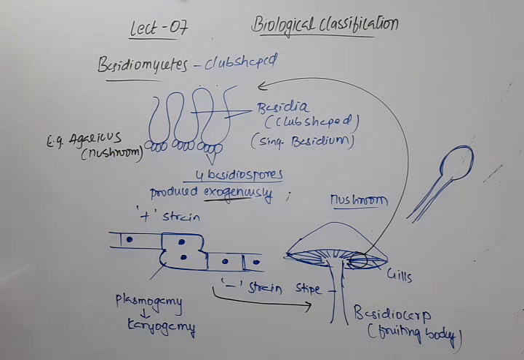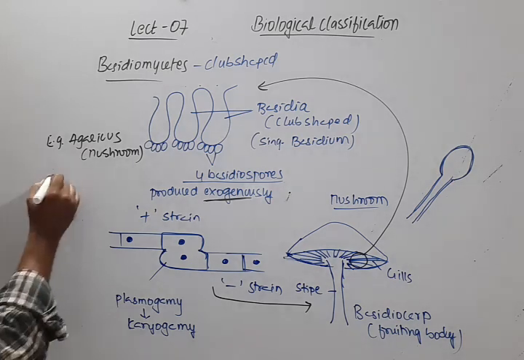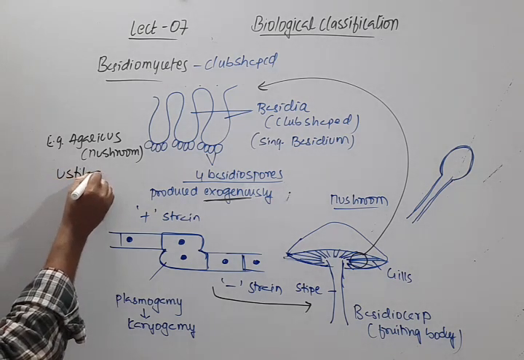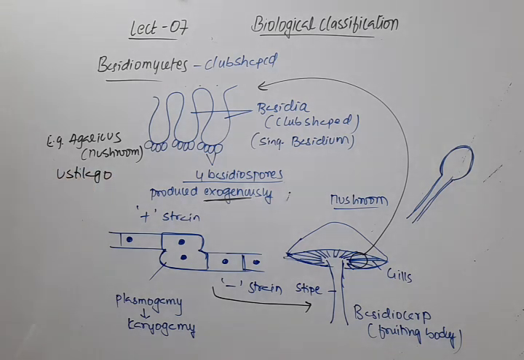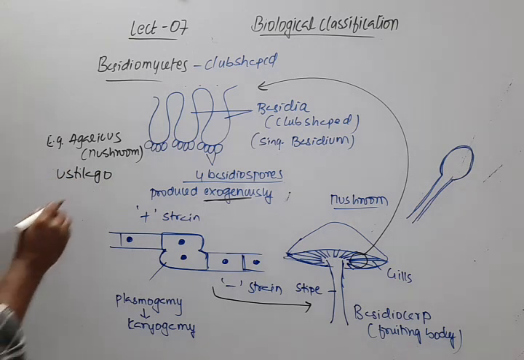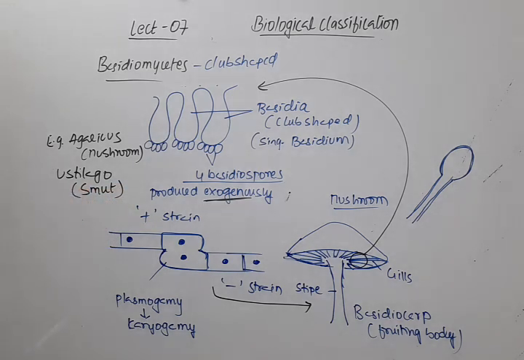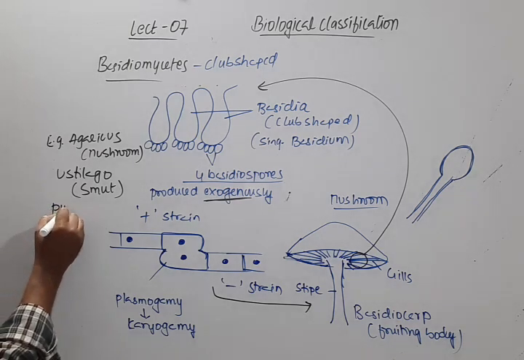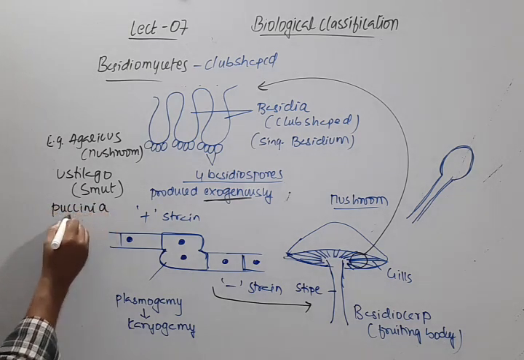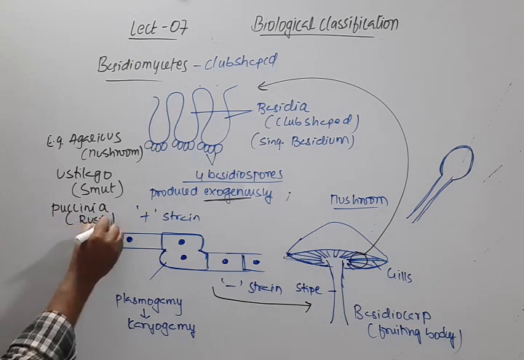Then there are other parasitic forms like Ustilago. This Ustilago is the one that causes smut in plants. So it causes a disease called smut in plants, and then another one called Puccinia. This causes rust in plants.